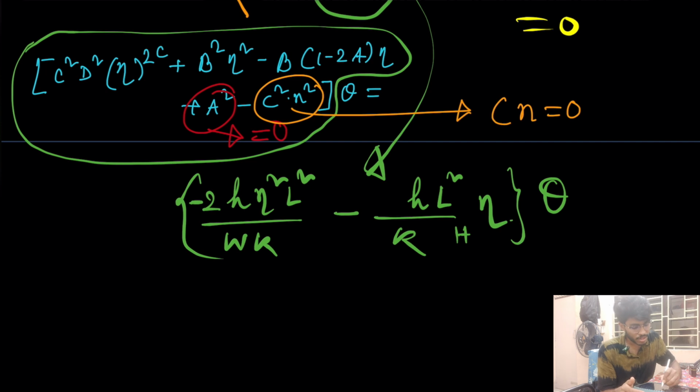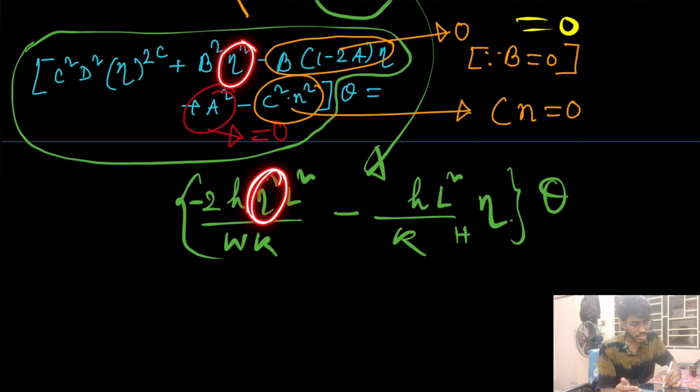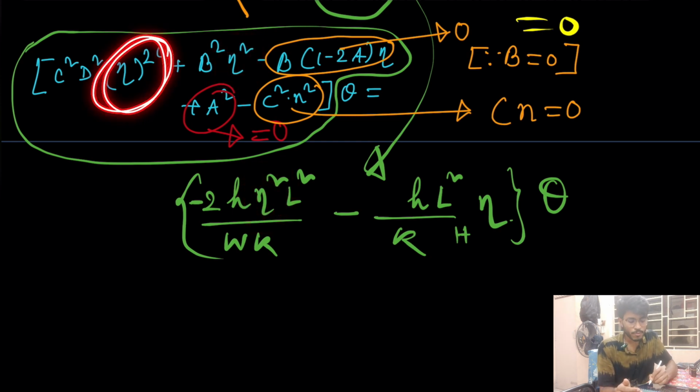Now I have here b into 1 minus 2a. Now my b is equal to 0, right? That means this whole term becomes 0 because my b is equal to 0. So I am just having two terms. One term is having here eta square, and this term is also having here eta square. But now you can argue that this term can also have eta square if my c is equal to 1.